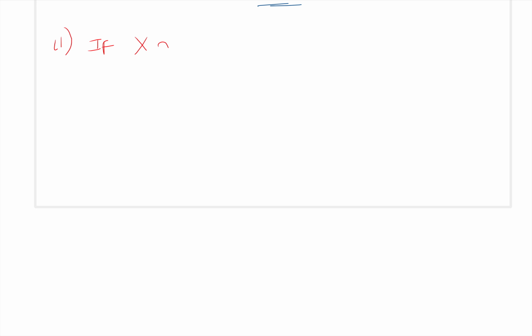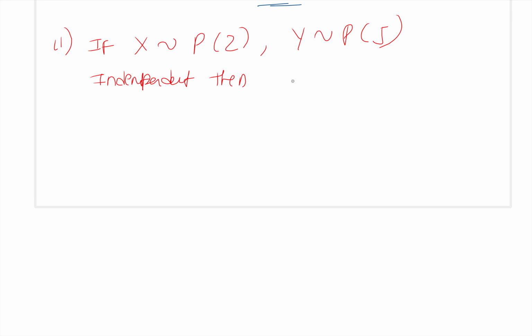If x follows Poisson 2 and y follows Poisson 5, independent, then what is x plus y? This is also an important property or theorem.